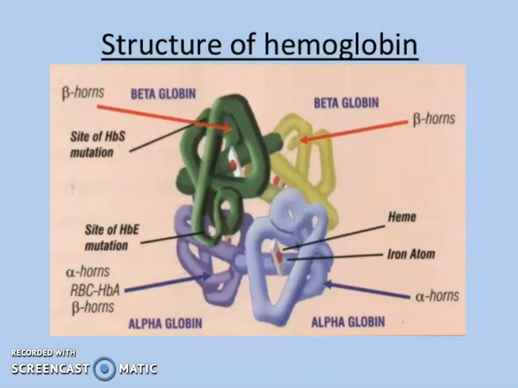Now the structure of hemoglobin. You can see alpha chains, beta chains, and RBC, HbA. So beta globin, alpha globin. You can see the position of heme, iron atom, the site of HbE mutation, and the site of HbS mutation.